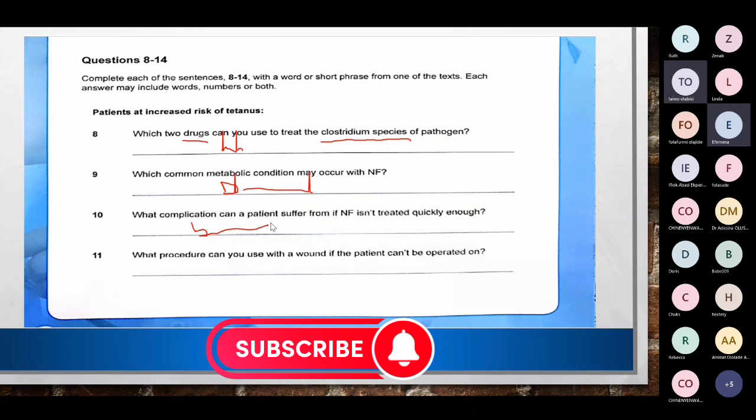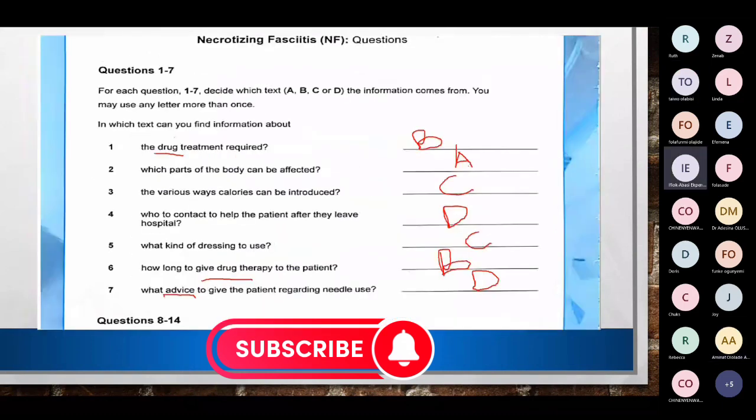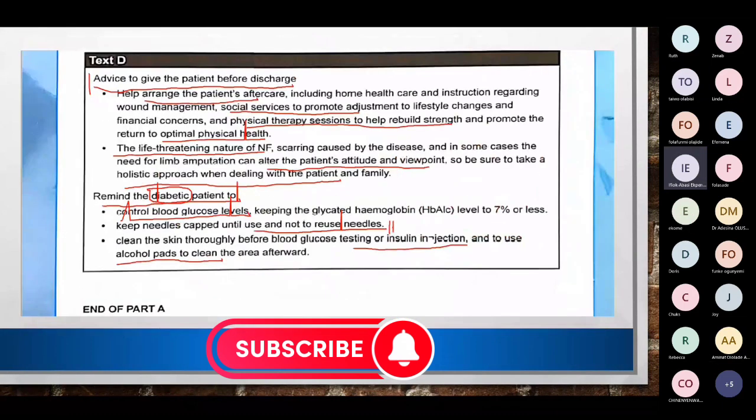Somebody is asking about VAC, vacuum something. Yes, VAC is in C, under where we had our wound care. So let's come back and check.